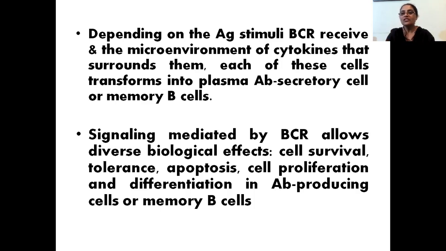This whole thing will be decided when B cell receptors receive the antigen, and then the microenvironment of cytokines will decide. Even T cells play a very important role. When we talk about T cells, we will know how antigen presenting cells and T cells also play a role in B cell proliferation and differentiation.